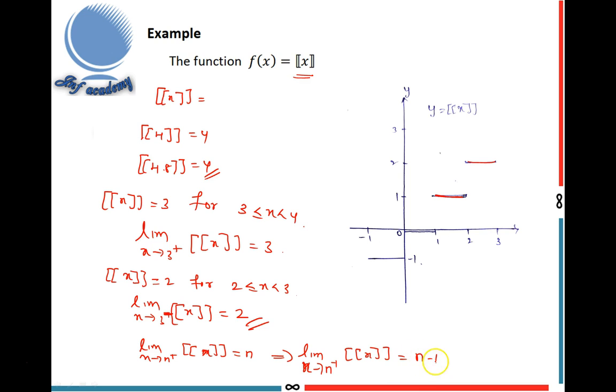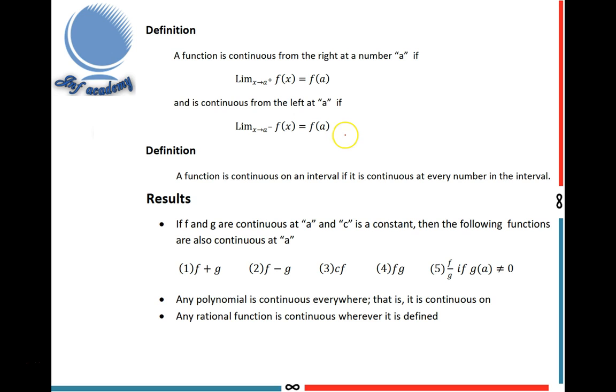This is not equal to f of n. Here the right hand limit is f of n, but the left hand limit is not equal to f of n. So in this case, the greatest integer function x is discontinuous. This is another example.